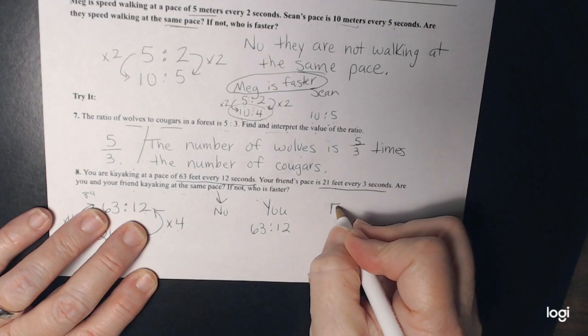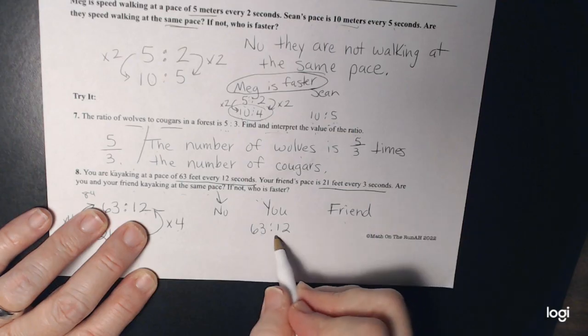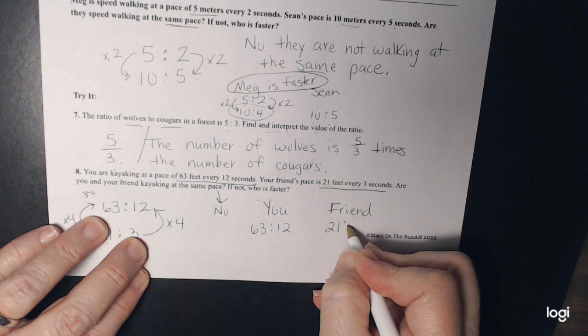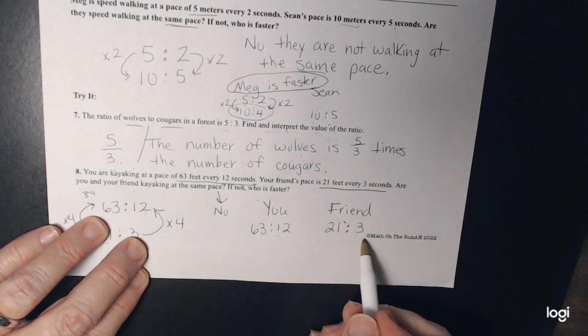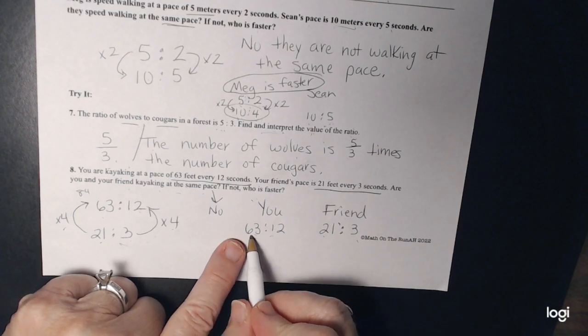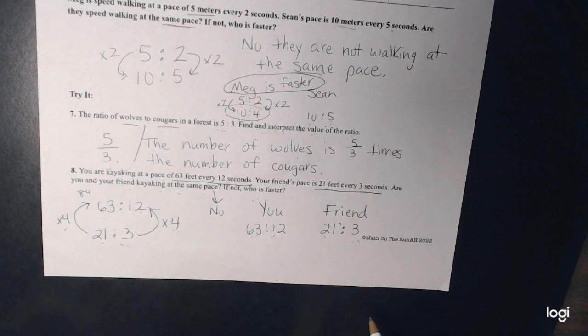And here is our friend. And the only way I'm going to be able to compare is I'm going to have to look at the friend, which is 21 feet and 3 seconds. And I need to change either the 21 to 63 or 3 to 12. We need to do something that's going to help me understand this.